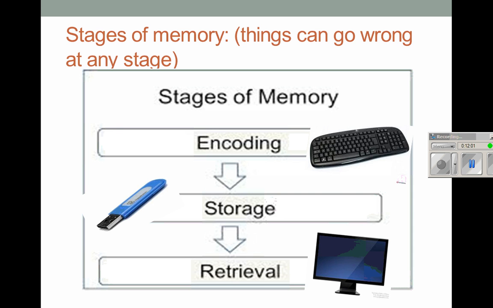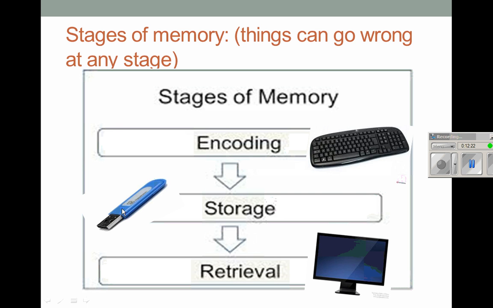However, things can go wrong at any of these stages. Again, think of your brain like a computer. What can go wrong at any of these stages on a computer? When you type, you can have a typo, and then it gets saved like that. So you had something go wrong at encoding and then it got saved wrong.